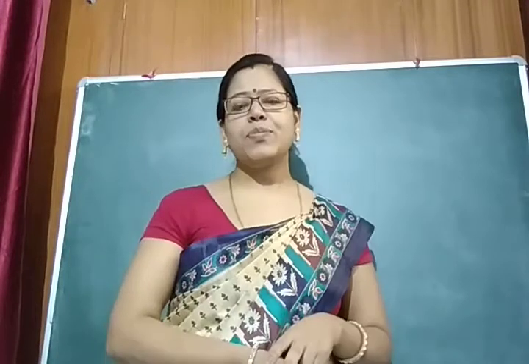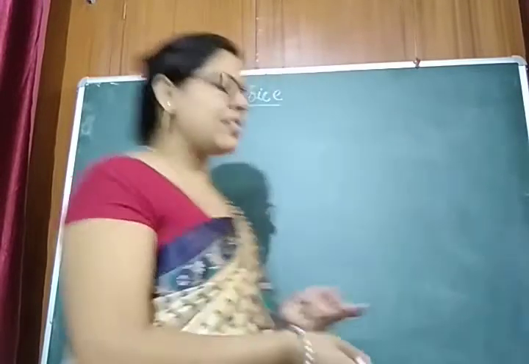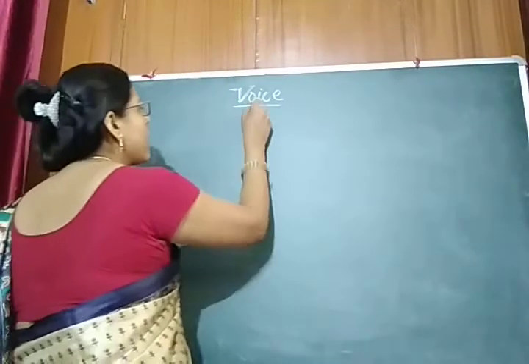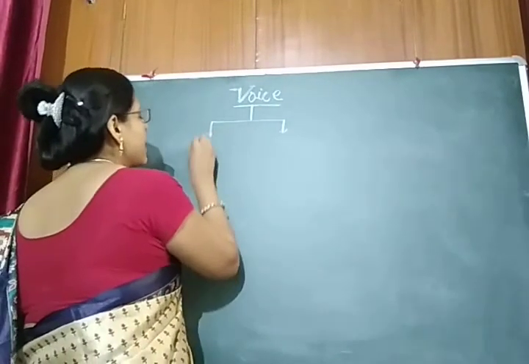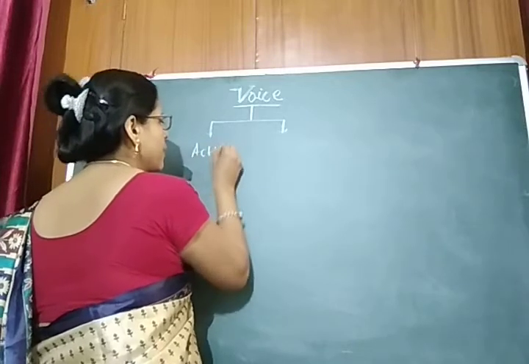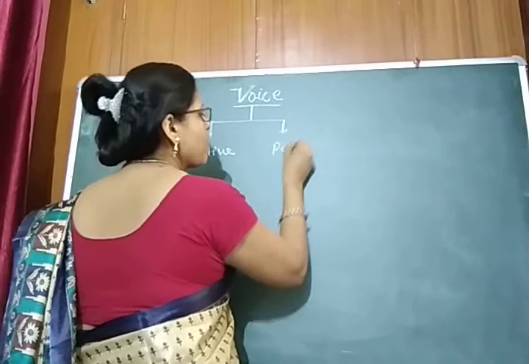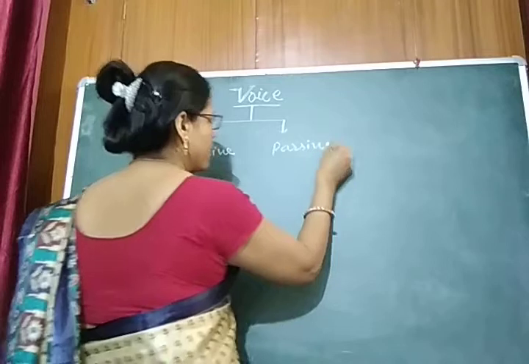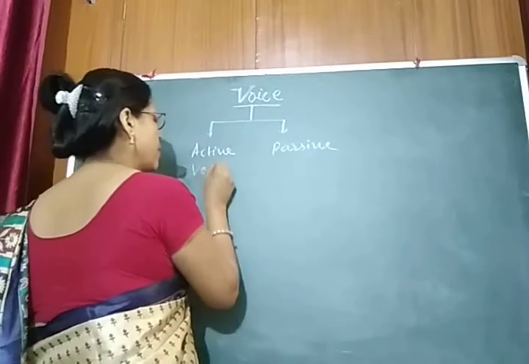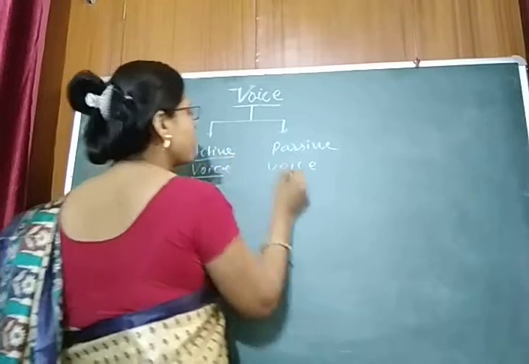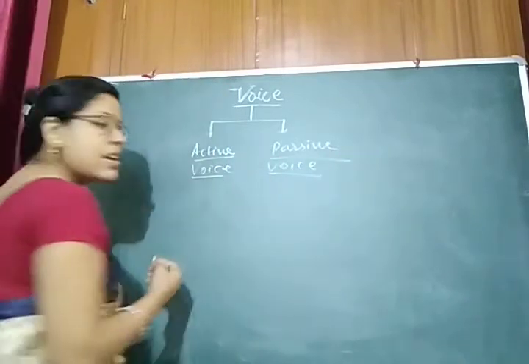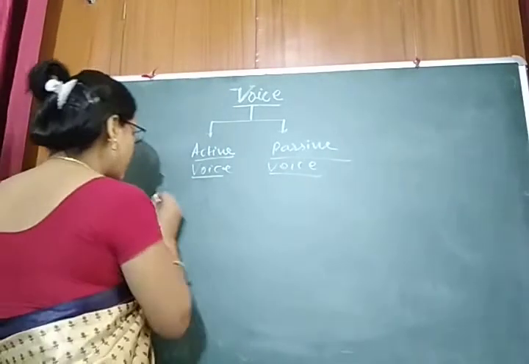So there are two kinds of voice. You know very well, active voice and passive voice. All right, active voice and the passive voice. Now look at the sentence over here.